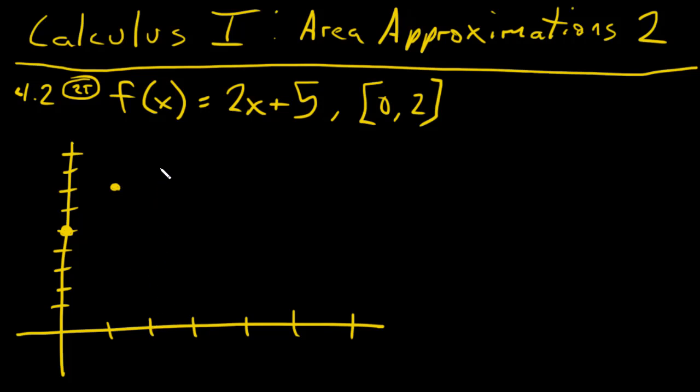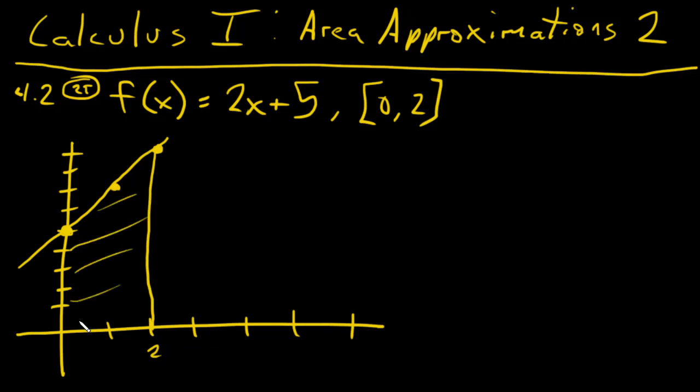I've got this function right here, and we're looking at the area right here. And if this is at 1/2, this is 1, and this is 3/2, for no reason.